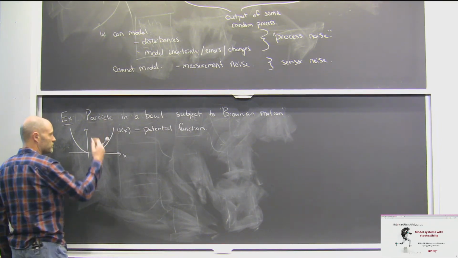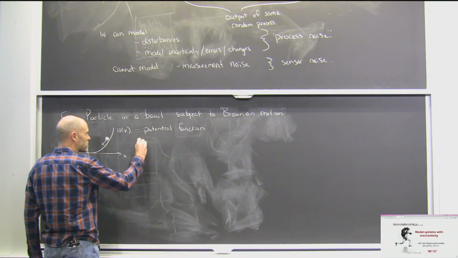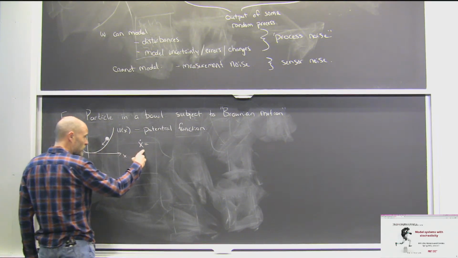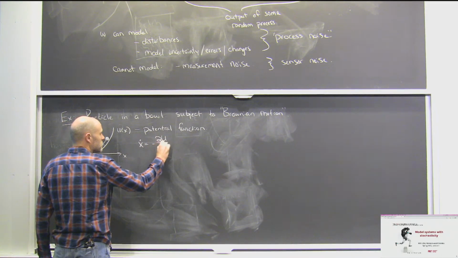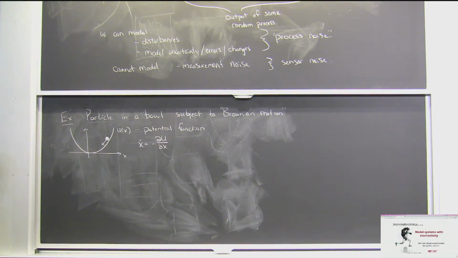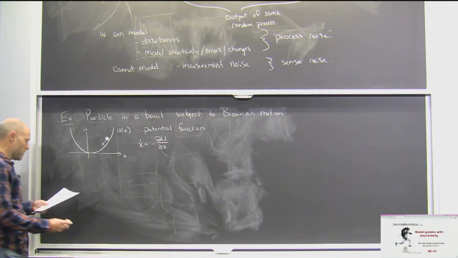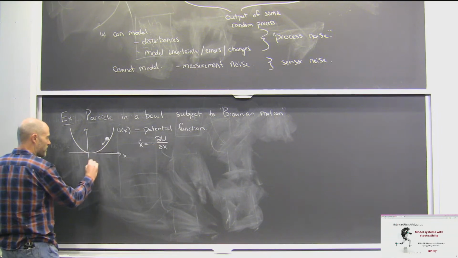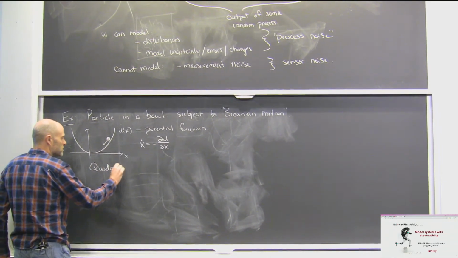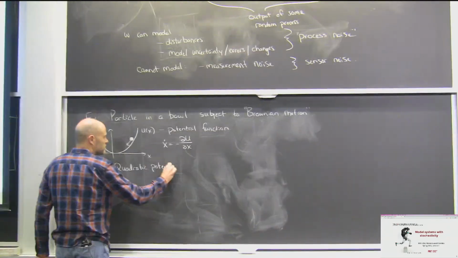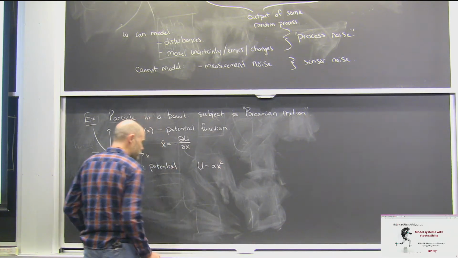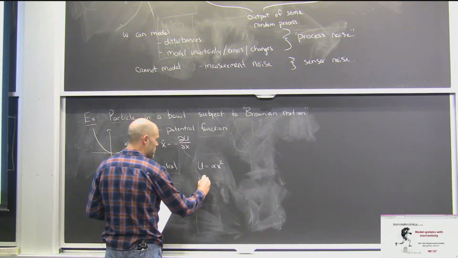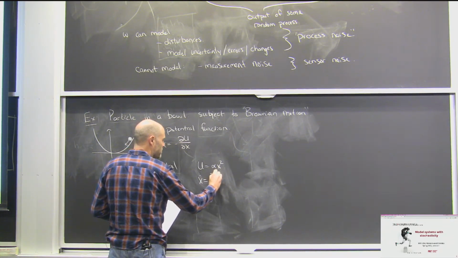Okay, this is something you already know, but it's a particular choice: I'll say that the dynamics of my thing are always governed by going downhill on some potential function. The simple one, of course, is if I have a quadratic potential, then that just leads to the linear dynamics.